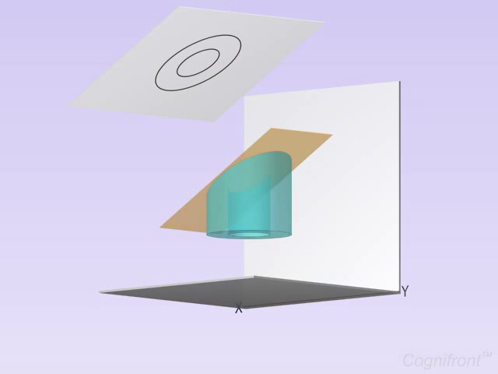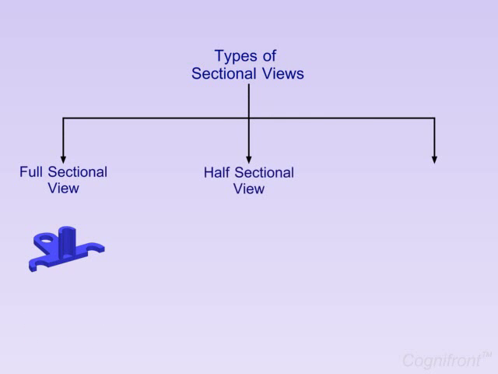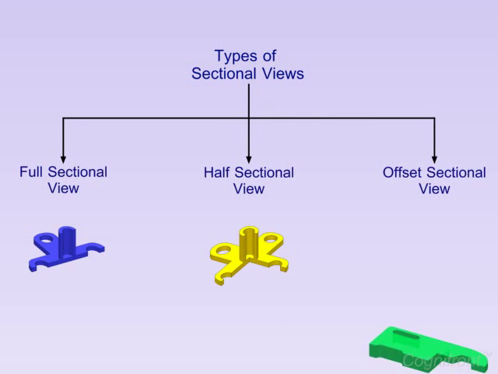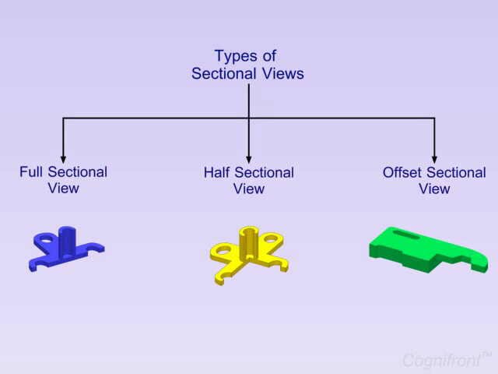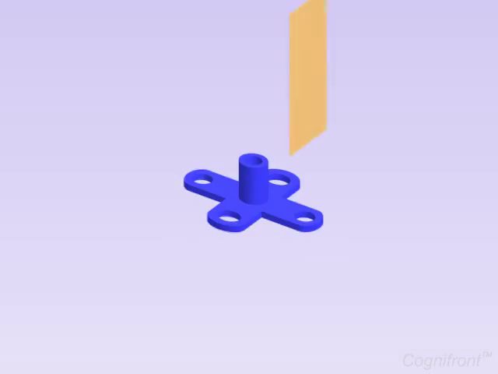Alright, next, type of sectional views also refers to how the section plane cuts the object and how the drawing shows the resulting view. Full sectional view is obtained when the cutting plane cuts the object completely into two parts and the exposed part is projected.